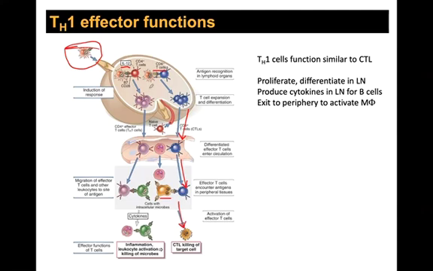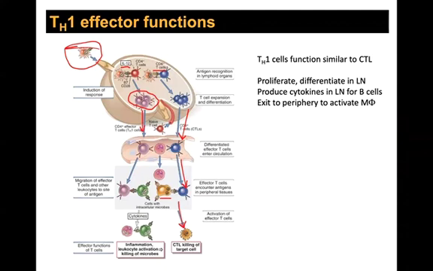Th1 CD4 T cells are essentially trying to do the same thing. CD4 cells will recognize the dendritic cell. They'll get IL-12 signals that tells them to be Th1 cell. They proliferate, then they leave the lymph node, and they're going and looking for infected cells.